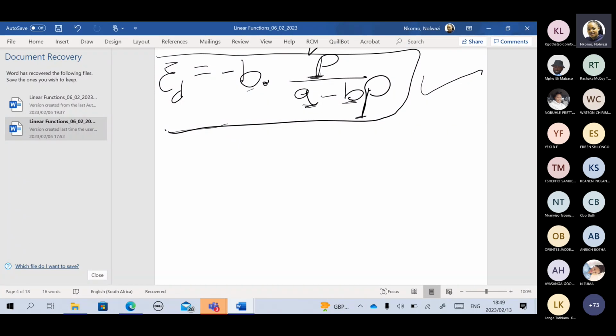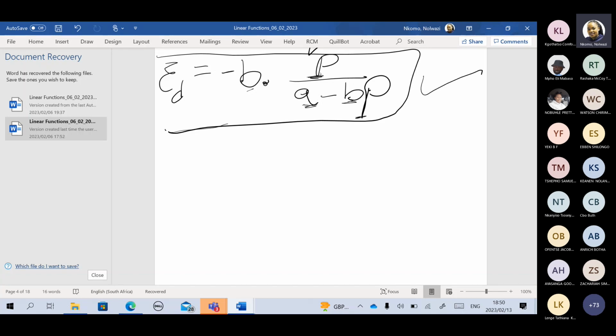Okay, we'll do these two approaches in both the demand and the supply: the point price elasticity and the arc price elasticity.